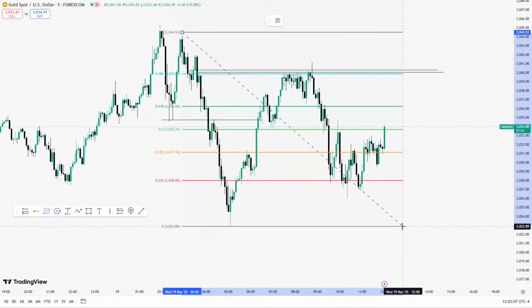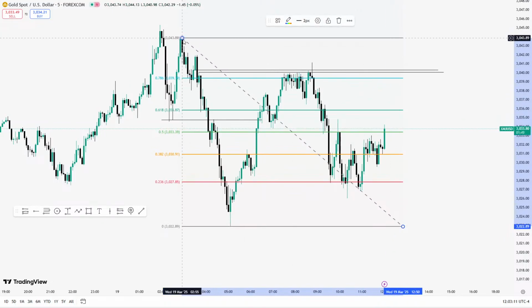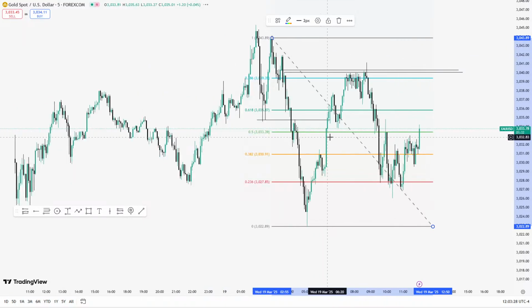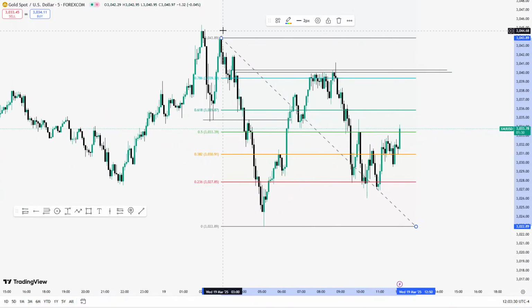We measure the entire range that was created during the London session, and we wait for price to trade into at least 62 to 79% of Fibonacci retracement levels, confluencing the Fibo levels with reasonable institutional reference points, and we sell when price trades into a premium market, which we see here.